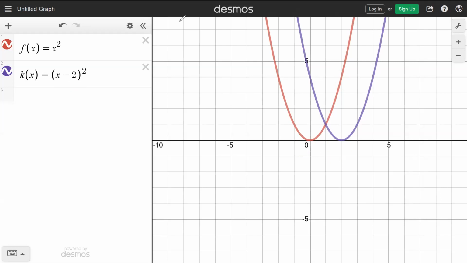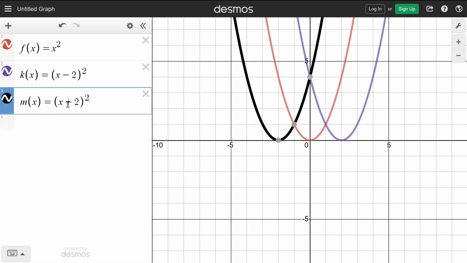Okay. Well, let's do another function now where instead of subtracting 2, let's add 2 this time. And notice what this did then is move the function to the left, right? So now we see that going from this point here to this one, we moved left 2 units.